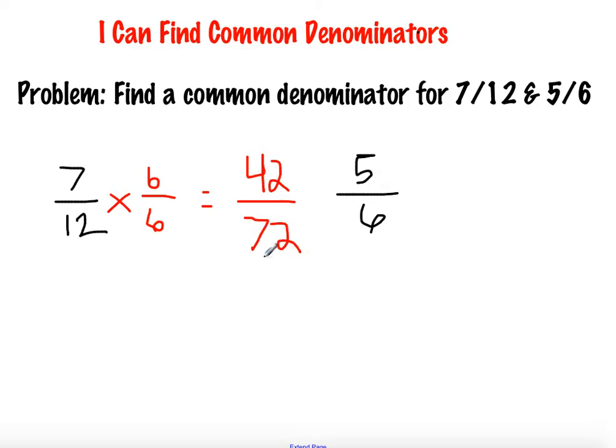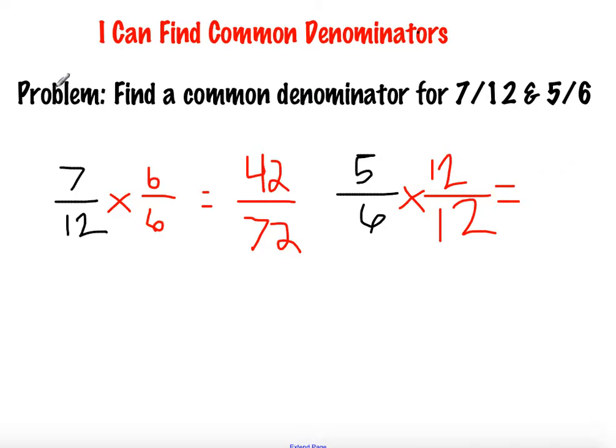So that's my first step. Now, I chose to multiply this fraction by the denominator of this fraction, so I'll take 5/6 and multiply that by the denominator of the other fraction to come up with common denominators, because you'll see that 6 times 12 is the same thing as 12 times 6, so I know I'm going to get the same denominator in the bottom.